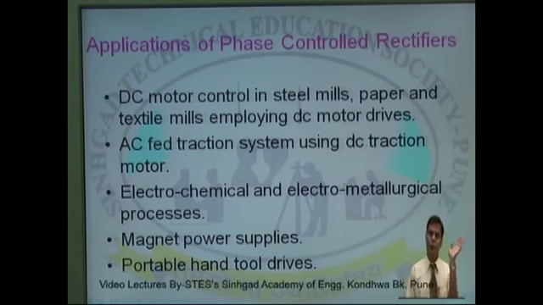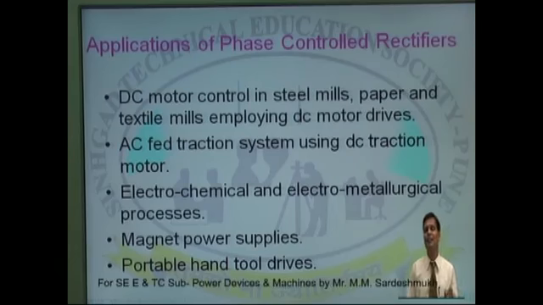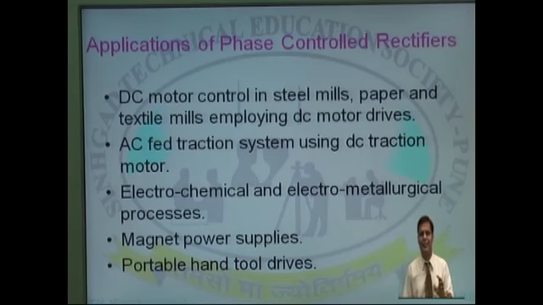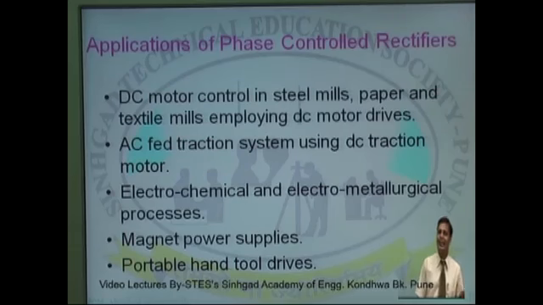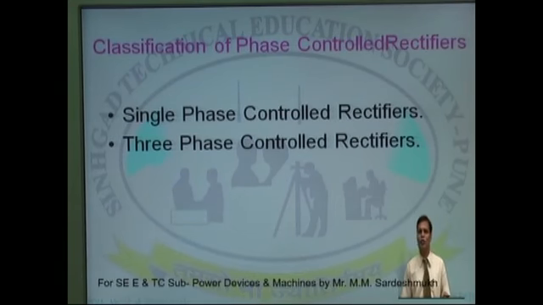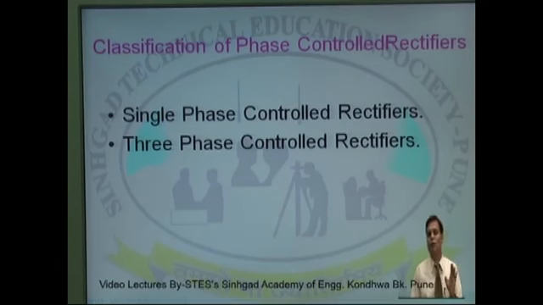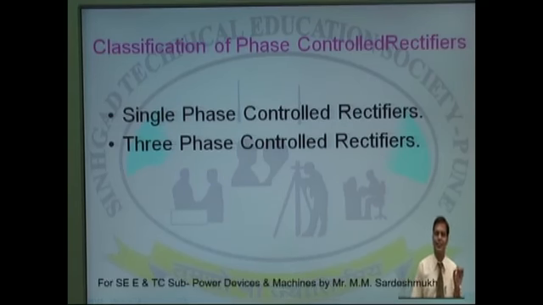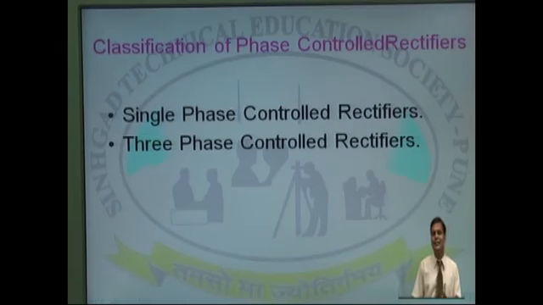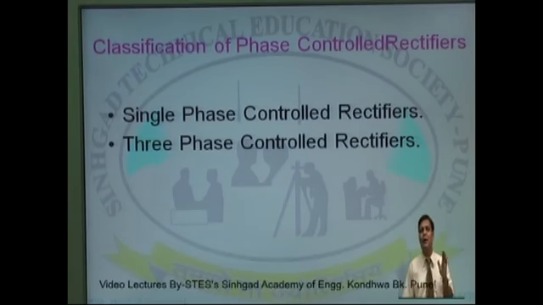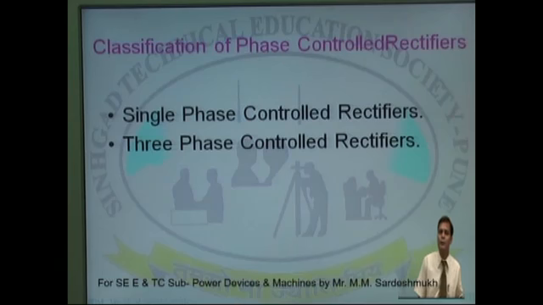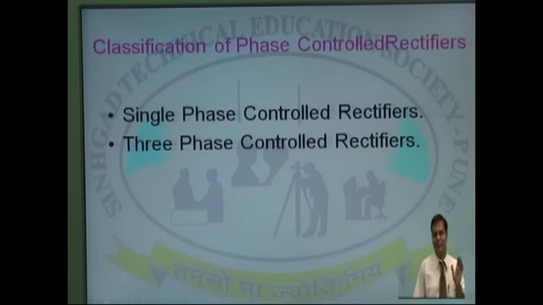Now let us focus on the classification of these rectifiers or converters. Now onwards, I'll be using the word converters. Whenever we are using SCRs, the rectifiers are called converters, and in case of uncontrolled rectifiers, these are said to be only rectifiers. So these converters, that is AC to DC conversion circuitries, can be mainly classified into two types, that is single phase and three phase.